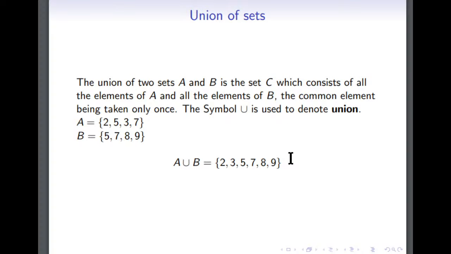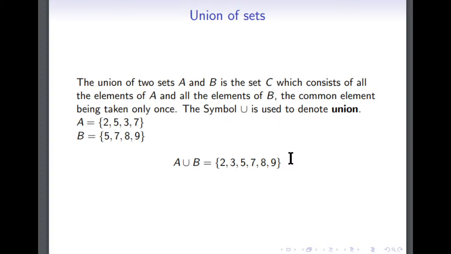What does it mean? Let's take an example. I have set A which contains 2, 5, 3 and 7. Similarly, I have another set B which contains 5, 7, 8, 9. If I want to find the union, A union B contains 2, 3, 5, 7, 8 and 9.